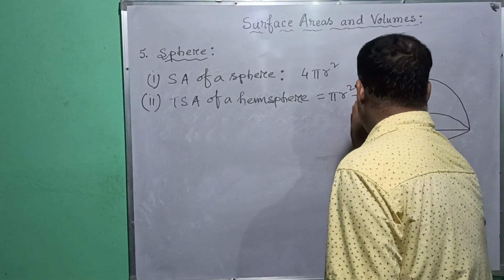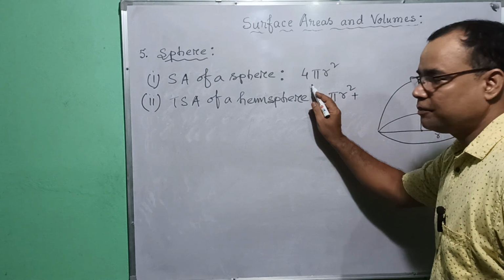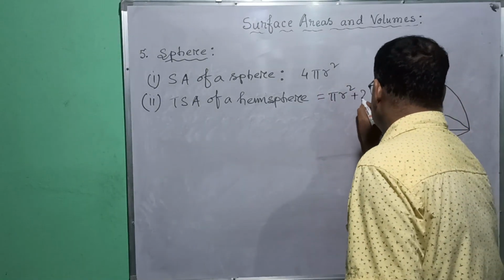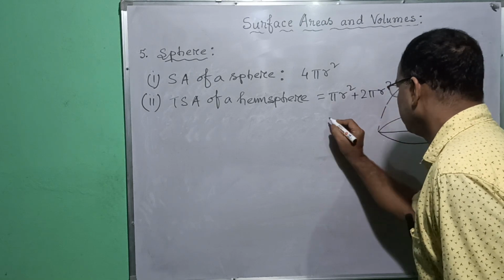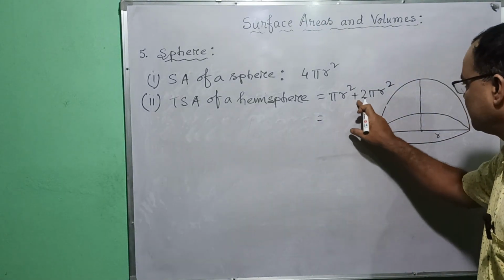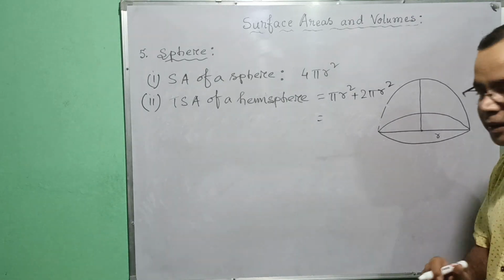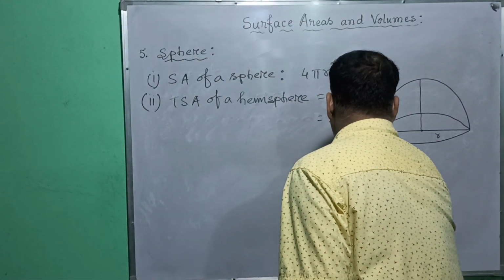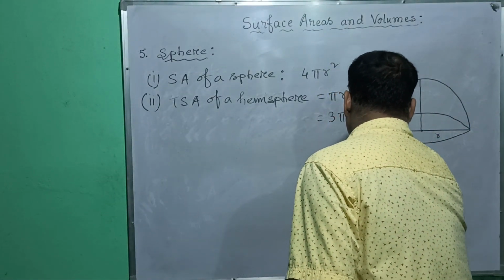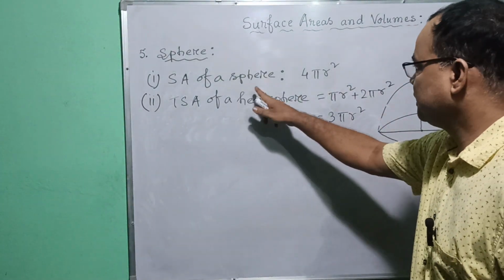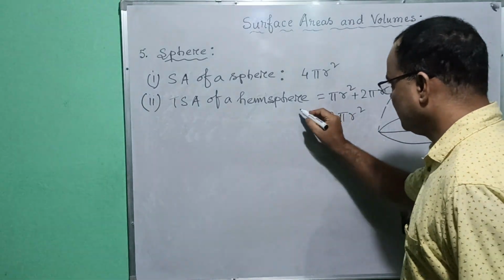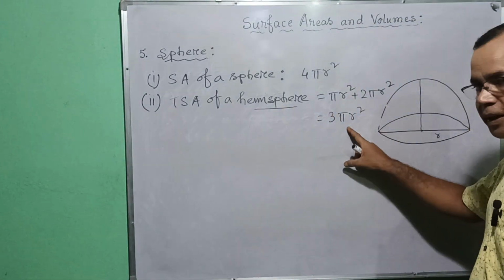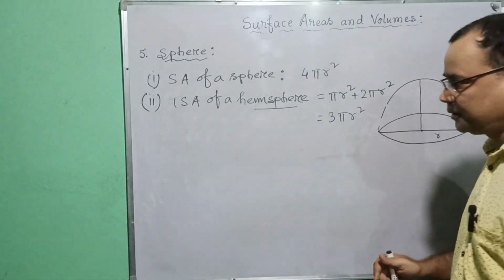So we will write plus half of 4 pi r square, which is 2 pi r square. So we are getting pi r square plus 2 pi r square equal to 3 pi r square. The surface area of a sphere is 4 pi r square, whereas the total surface area of a hemisphere is 3 pi r square, meaning 1 pi r square less.